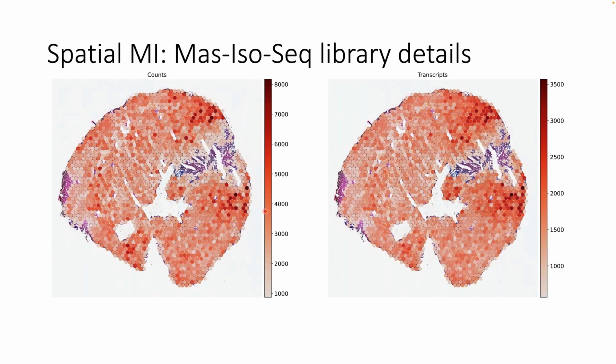This is color-coded here: the dark red spots are essentially the ones with a lot of observations, i.e. read counts. And that is also true if you just ask about transcripts, because that translates directly into transcripts. That is also something you can nicely see here on the right-hand side.